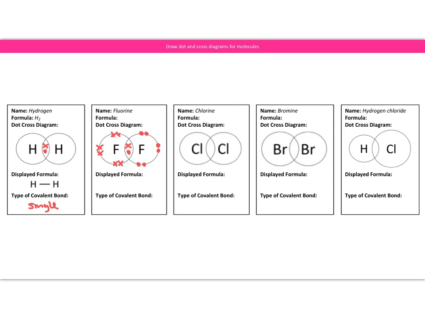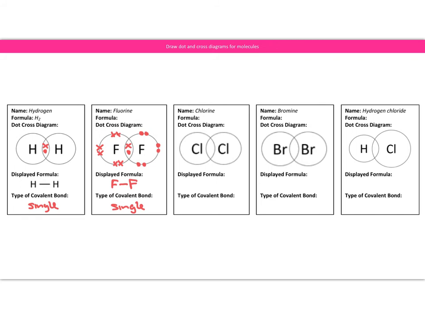So that all looks good. Displayed formula is the atoms, and then for each covalent bond you draw a line. So that is the displayed formula for fluorine. Type of covalent bond: there is only a single line between the two fluorine atoms, so that is a single bond.